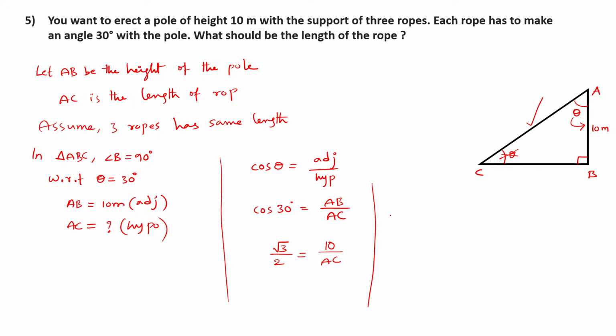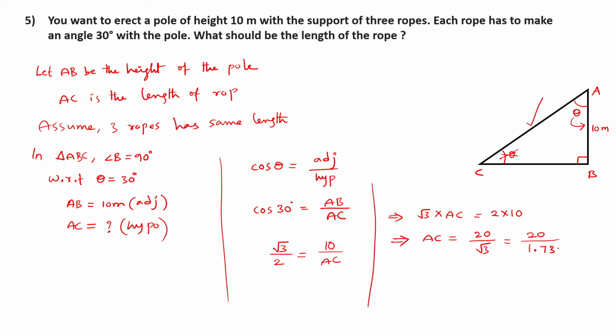Now simple transpositions: root 3 into AC is equal to 2 into 10. Now root 3 transposes to this side, giving 20 by root 3. You can stop here.